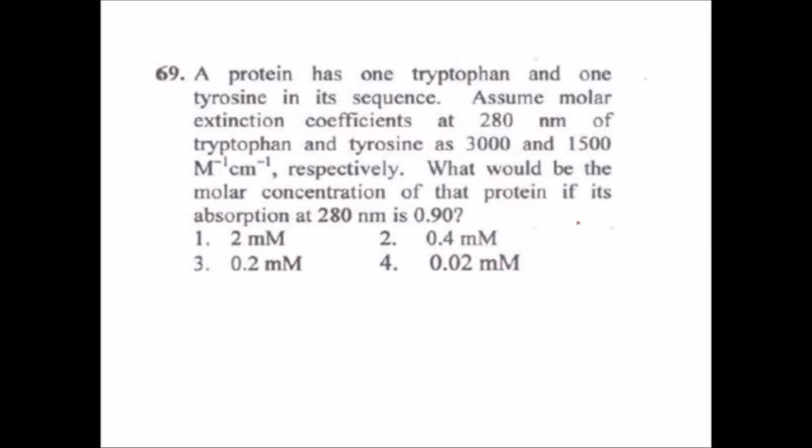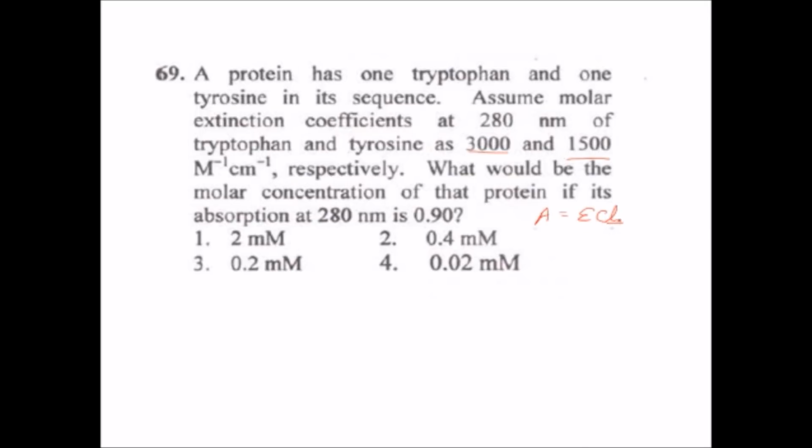It's a very simple question, but you will feel it is complicated because there are two values of extinction coefficient given, one for tryptophan and the other for tyrosine. In a protein, the maximum absorption is due to tryptophan and tyrosine, and both extinction coefficients are given here, and the formula of absorption is epsilon C l.